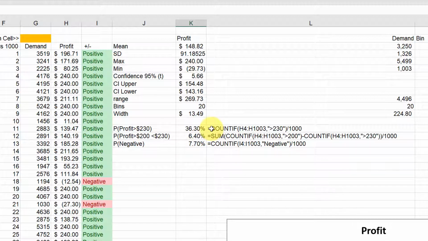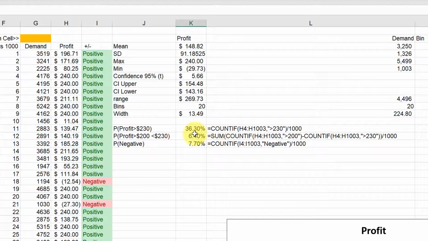And in our range for profit here, in our H column, from H4 to H1003, that's our 1,000 output values, we run a test, and if we're testing against a value, we need to enclose it with the double quotation marks. And here I wanted the test to see if whatever was in this profit cell is greater than $230. I wanted to count it, and if it was not greater than 230, to not count it. And then to get the percent, we divide that by 1,000.